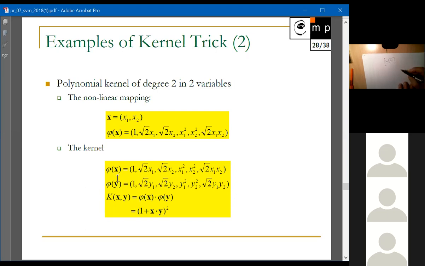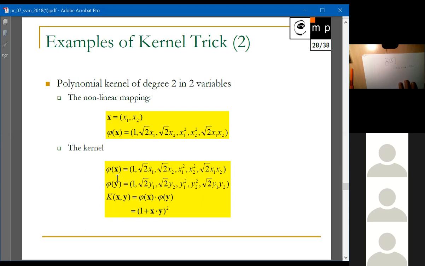So what do we get? 1 times 1 is 1, plus 2 times x1, y1, plus 2 times x2, y2. So x is the first point, y is the second point, and 1 refers to the coordinate, plus x1 squared, y1 squared, plus, and so on.